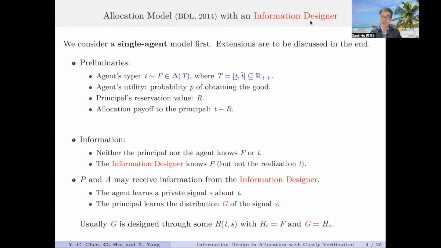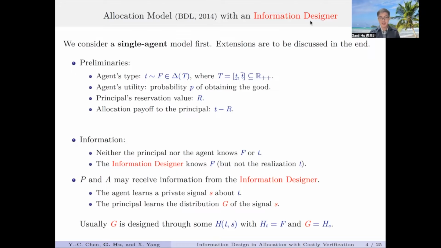Now about the information, we assume that neither the principal nor the agent knows the distribution F or its realization t. And we also assume that the information designer knows the underlying distribution F, but not the realization t. Okay. So the principal and the agent may receive information from the information designer. The agent learns a private signal s about the type t, and the principal learns the distribution G of the signal s.